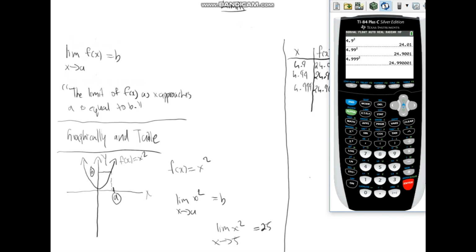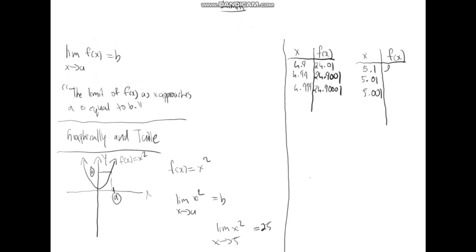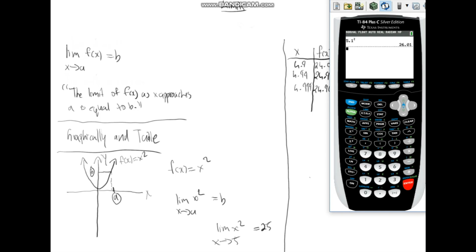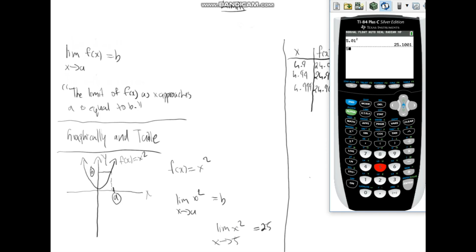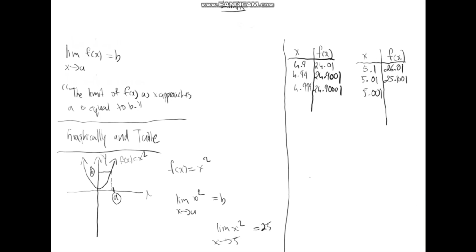And now we have 5.1, so we can say 5.1 squared is 26.01, and then 5.01 squared is 25.1001, and 5.001 squared gives us 25.010001.